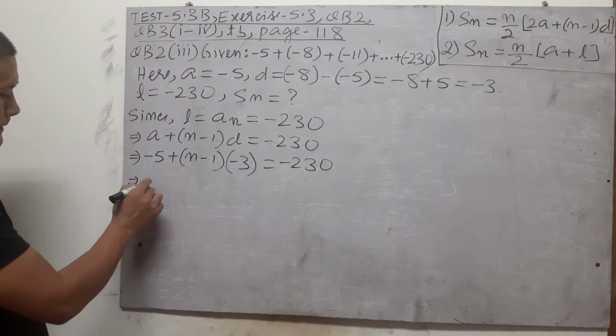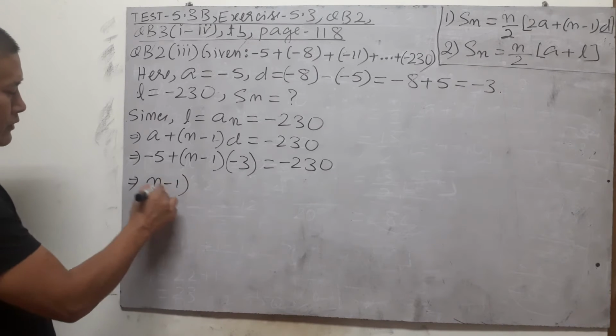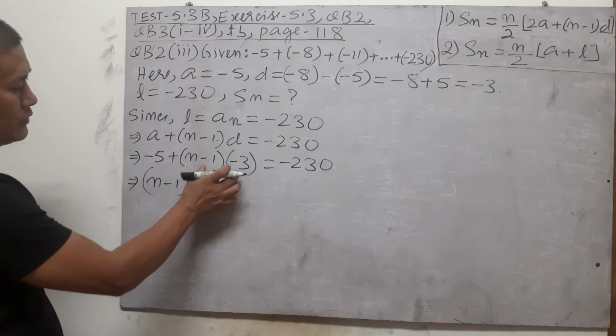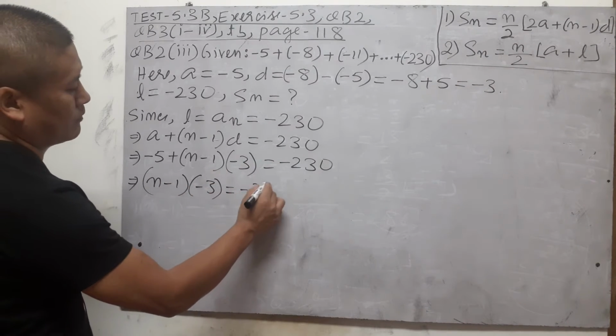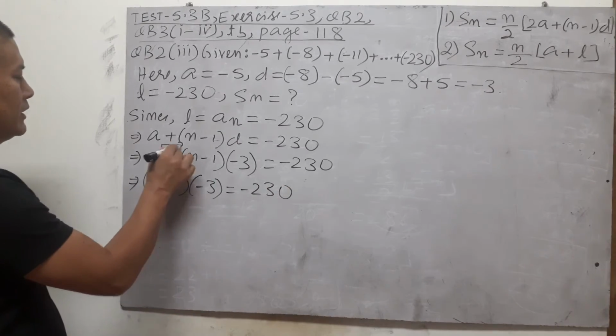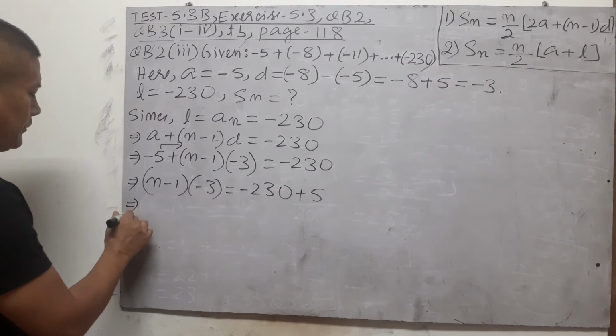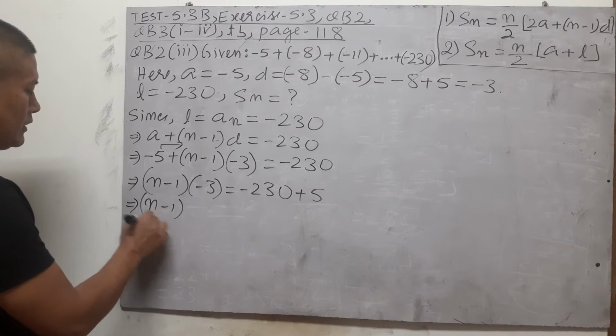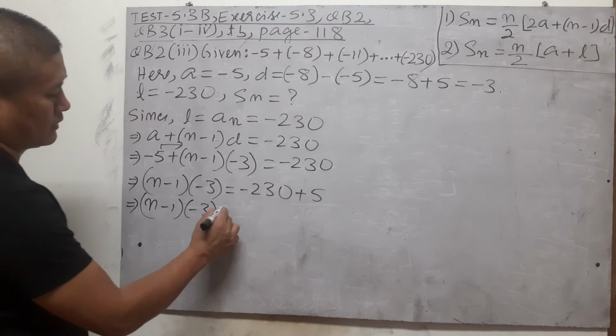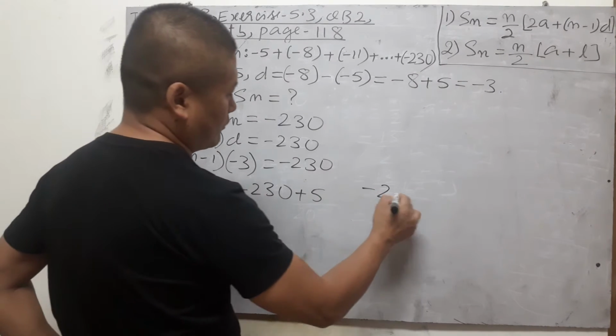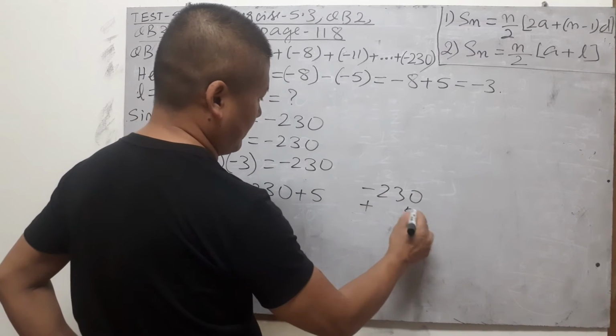So that gives you here n minus 1 into minus 3 equal to minus 230, and you shift this minus 5 to the right side, it becomes plus 5. So here n minus 1 into minus 3, the bigger one minus 230, the smaller one plus 5.